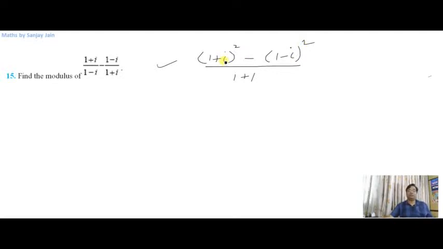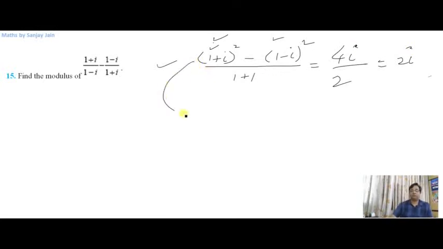If you know about these squares, this is a square minus b square form, so you can write it as a minus b and a plus b. Also, you should know that this will give you 1 square plus iota square plus 2 iota, and this will give you 1 square plus iota square minus 2 iota. So effectively you will have 2 iota minus of minus 2 iota, that is 4 iota, divided by 2. So it will have 2 iota as your answer.